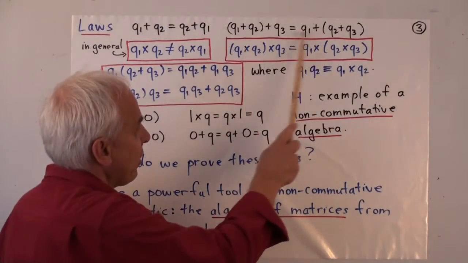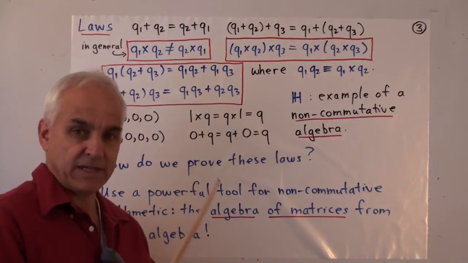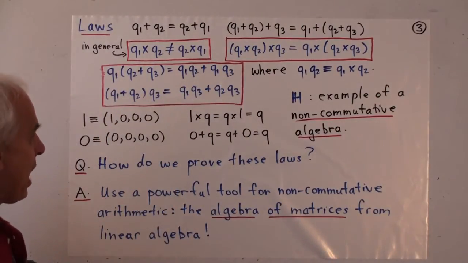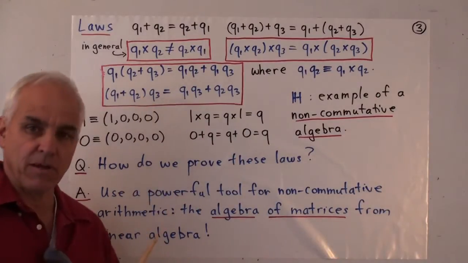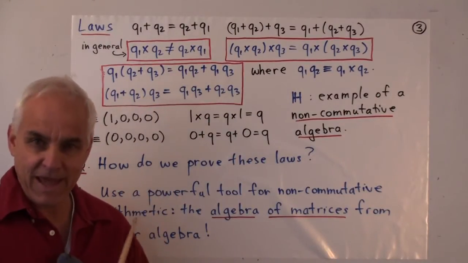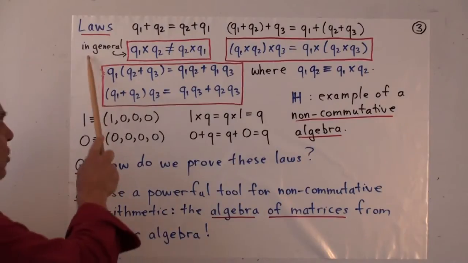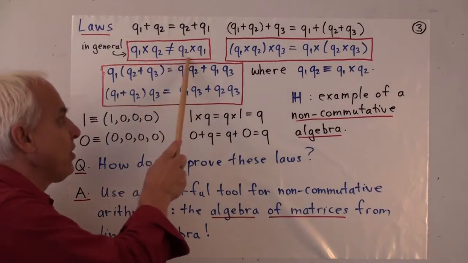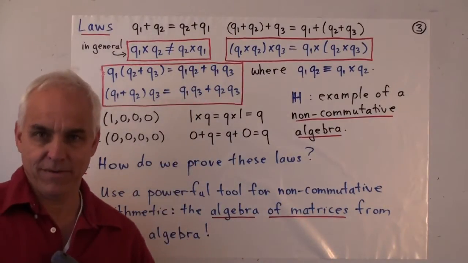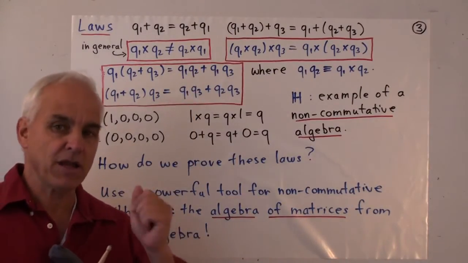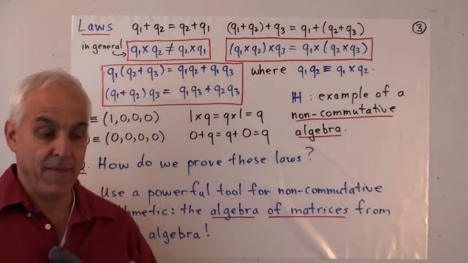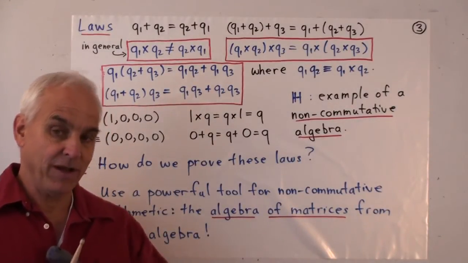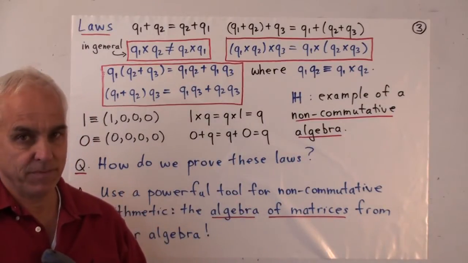It doesn't matter in what order we pair things if we're adding three quaternions together. However, there's a big difference when it comes to the commutative law for multiplication. So in general, Q1 times Q2 does not equal Q2 times Q1. So this is non-commutative multiplication. That is a very big difference between the quaternion structure and the complex number structure.